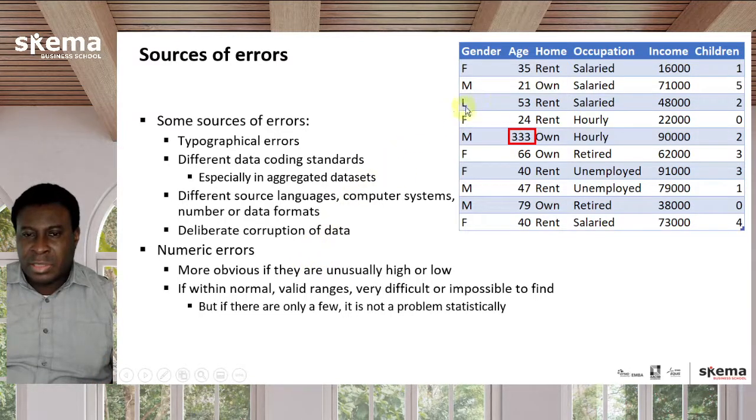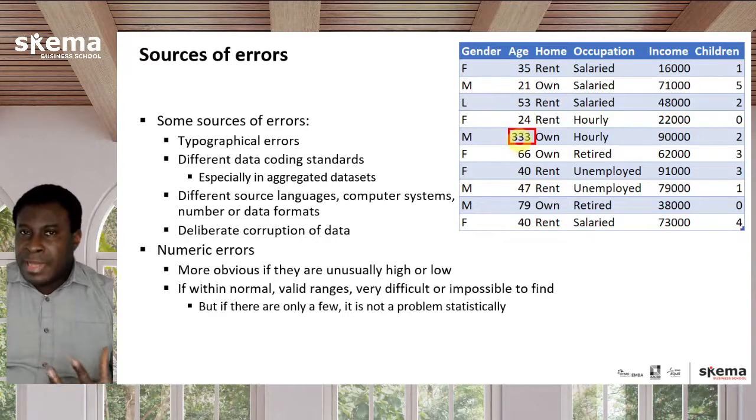So, for instance, suppose that this age for this person is actually 35. But when it was being typed in, the numbers were accidentally inverted and appeared to be 53. When this kind of error occurs, unfortunately, it's almost impossible to detect, especially if you have a large dataset of hundreds or thousands of lines, because it looks perfectly normal and it's perfectly legitimate.